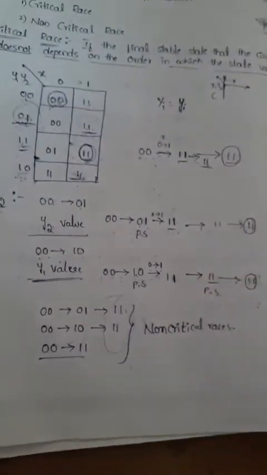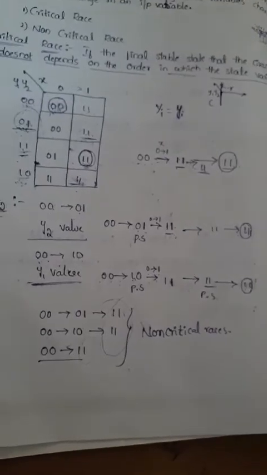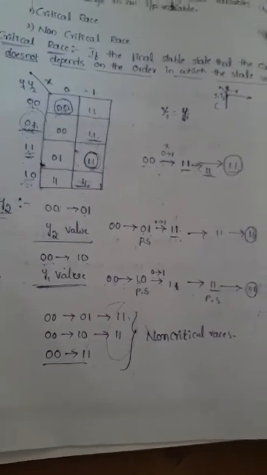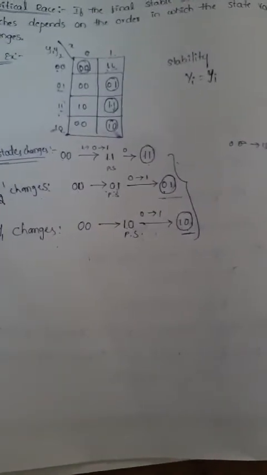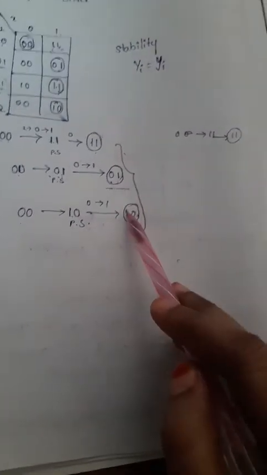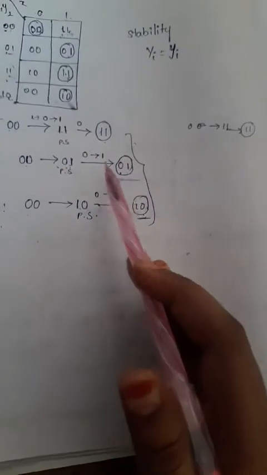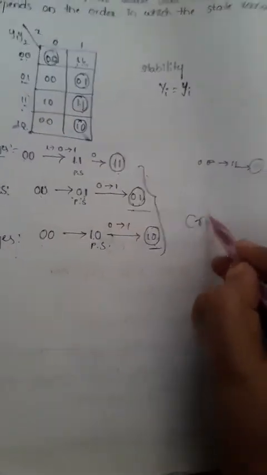That is a non-critical race. Critical race is where it ends up with the wrong stable state. So what does critical race mean? If the order is not correct, it ends up with a wrong final stable state. That is called a critical race.